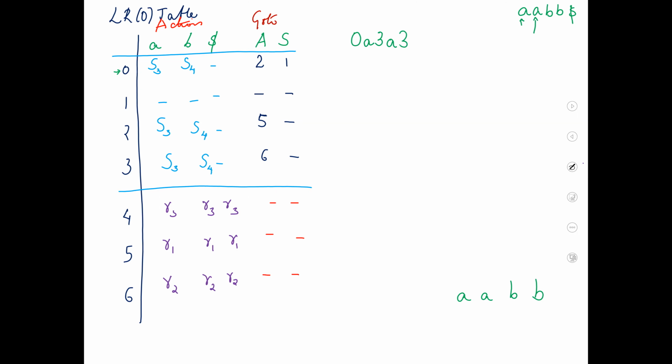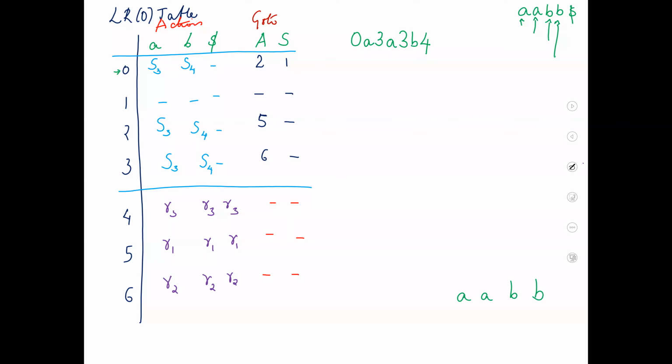My lookahead pointer has now changed to B. So now I'm looking at B. 3B tells me shift 4. Shift 4 means push 4 into my stack. My lookahead pointer has now moved on to the next B. So now I have 4B.